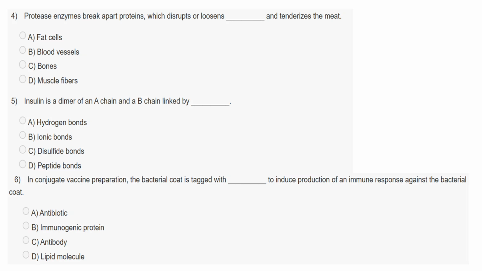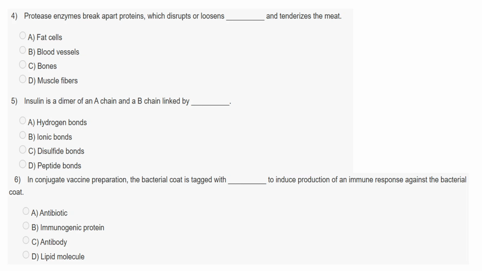That is what proteases do in meat. Question number 5: insulin is a dimer of A chain and B chain linked by which bonds? It is again disulfide bonds. Both chains of insulin, A and B chain, are linked to each other by disulfide bonds.